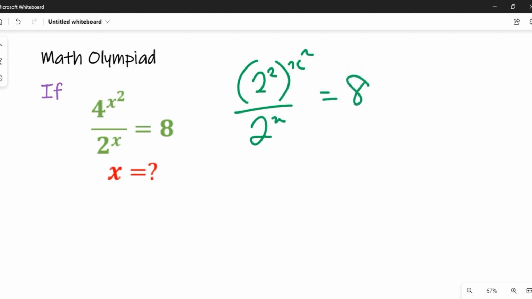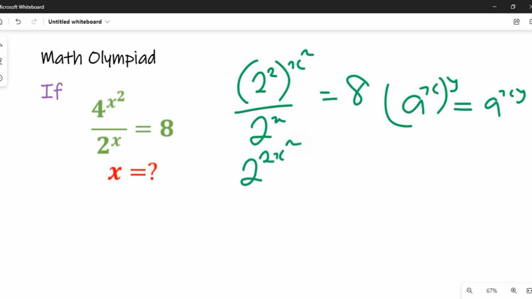If we simplify that further, remember from the laws of indices, if you have a raised to power x, all raised to power y, that will give you a raised to power xy. If we apply that, we are going to have 2 raised to power 2x squared all over 2^x, and this will be equal to 8.